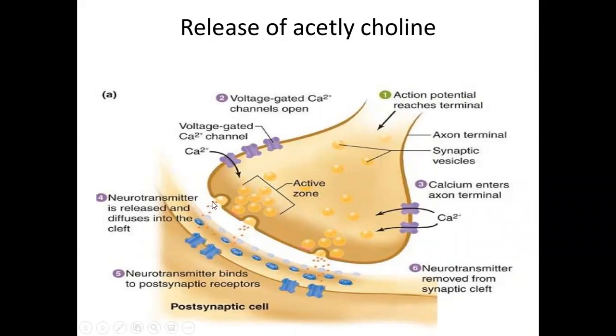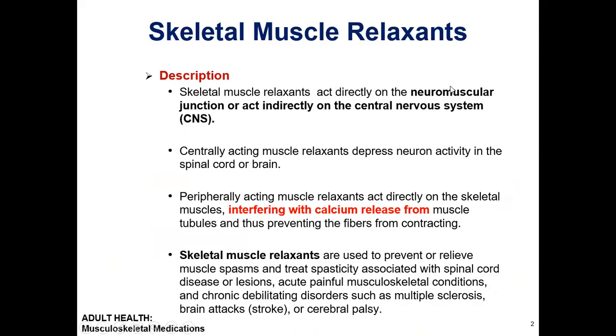When the neurotransmitter is released from here, this is the receptor, the neurotransmitter binding site, and it can work. So the muscle relaxant basically works at this site, directly at the neuromuscular junction, or indirectly on the central nervous system.